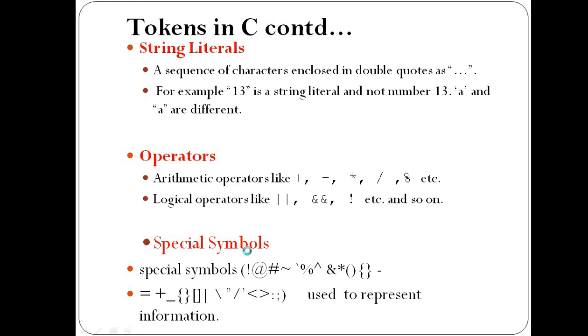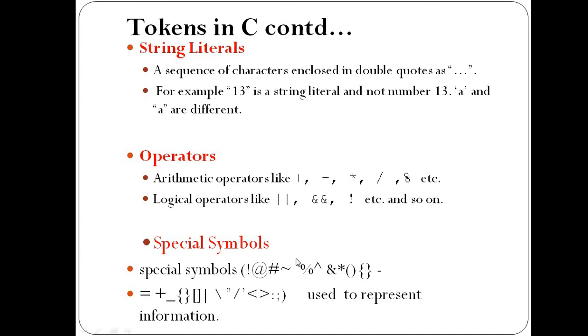Now the fifth one is special symbols. Some special symbols are also available on our keyboard, right? What are the special symbols? Exclamation mark, @ symbol, hash, modulo, caret, ampersand, star, opening braces, closing braces, less than, greater than, single quote, double quote, colon, semicolon.